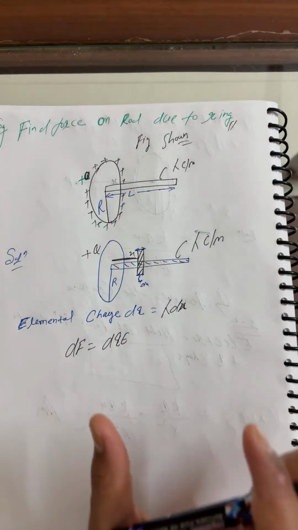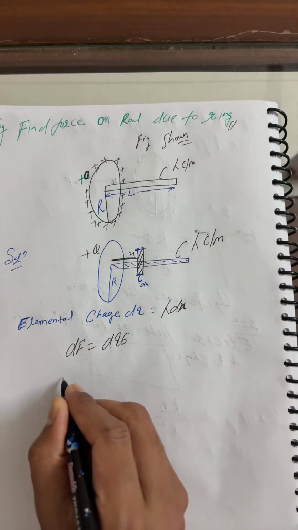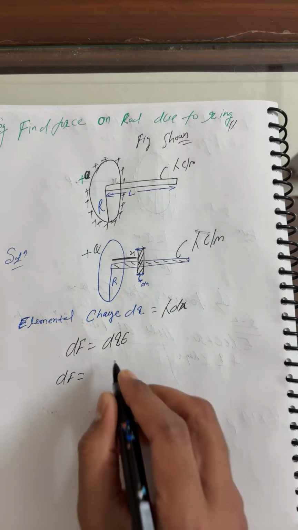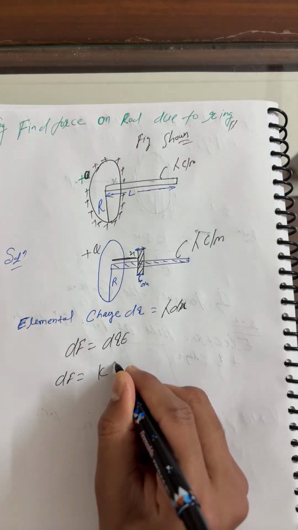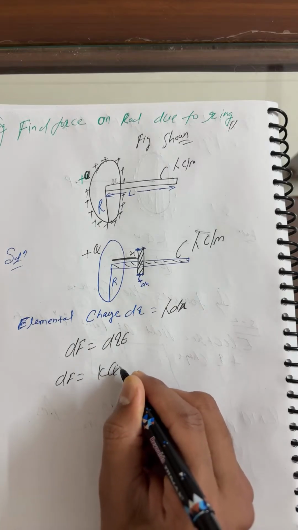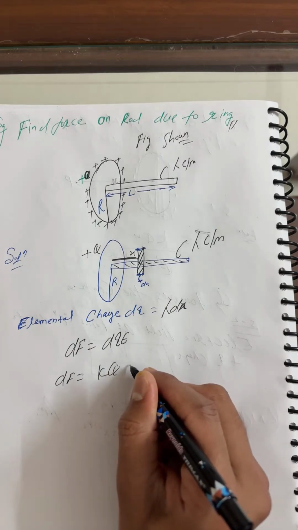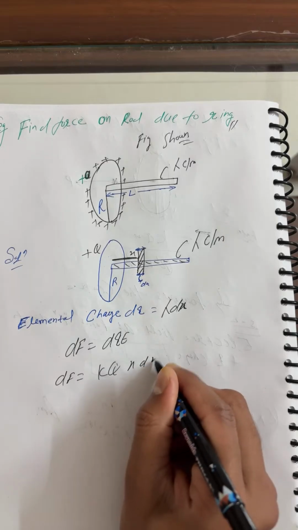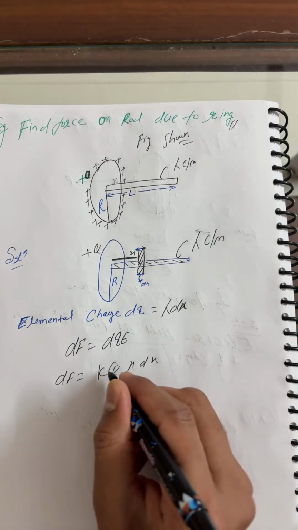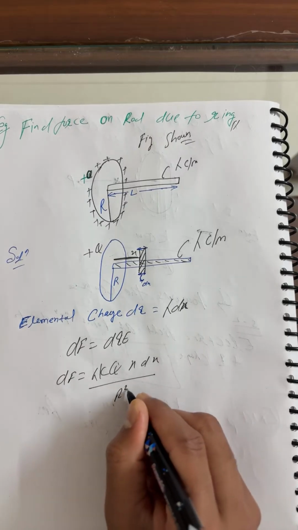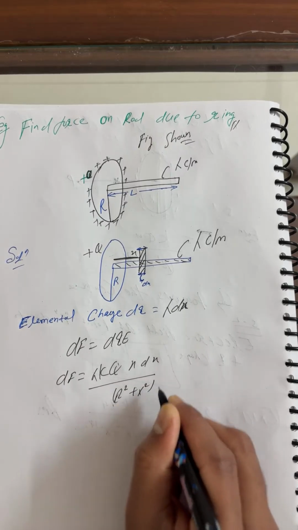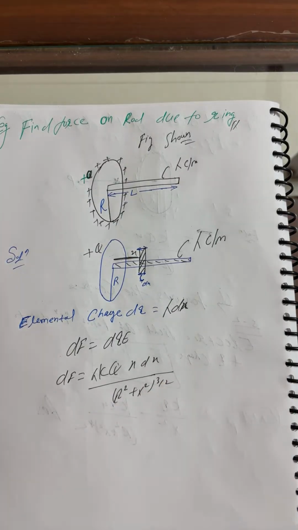The electric field on the axis of a ring we know, everyone. So this is dF: k q x into dx into lambda upon (R square plus x square) to the power 3 by 2.